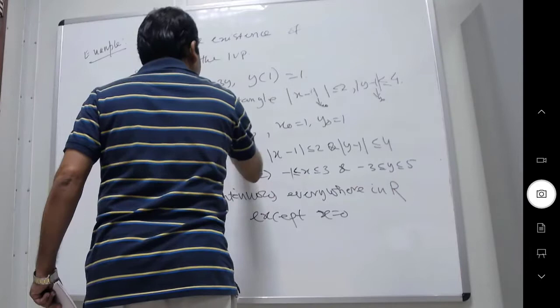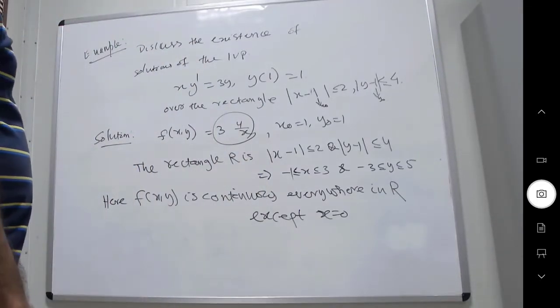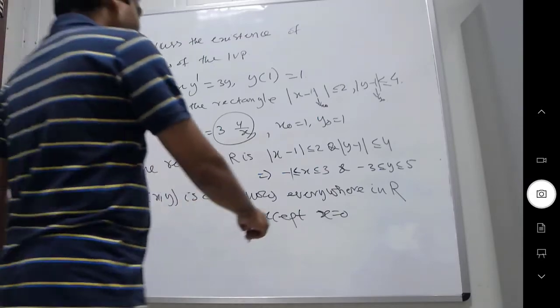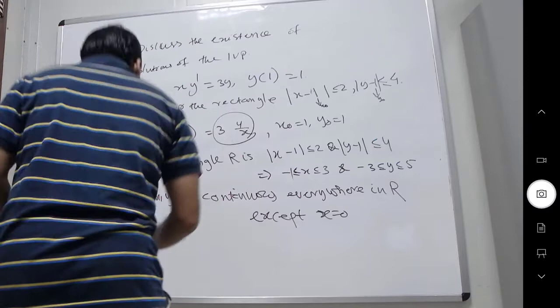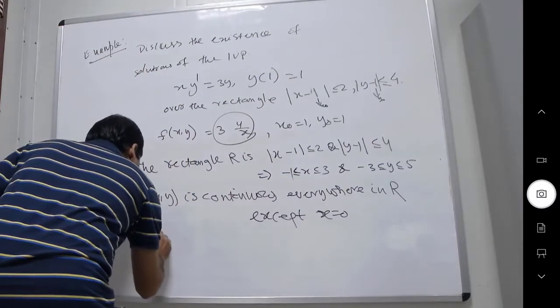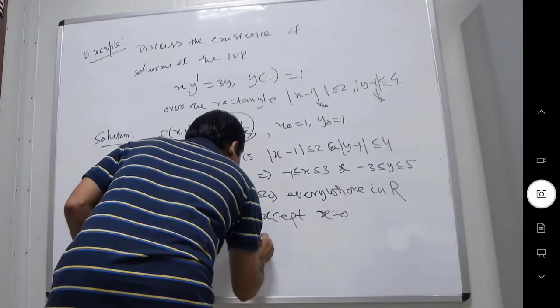So this function f of x, y equal to 3y by x is not continuous at x equal to 0. Hence you cannot tell, hence the theorem cannot be applied.